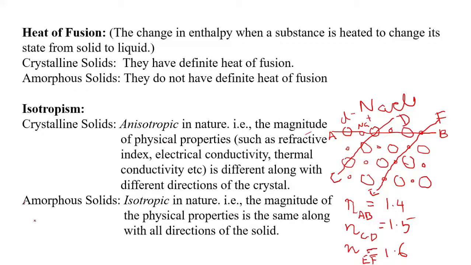Amorphous solids have a structure with a very random and haphazard arrangement. In an amorphous solid, whichever direction you take, AB, CD or EF, the property is the same.